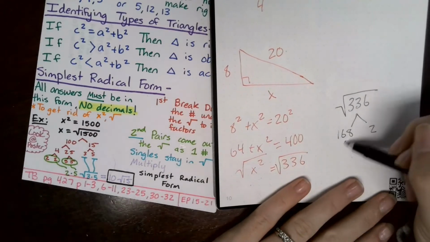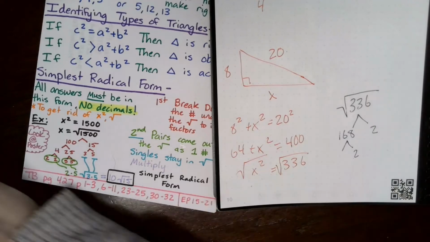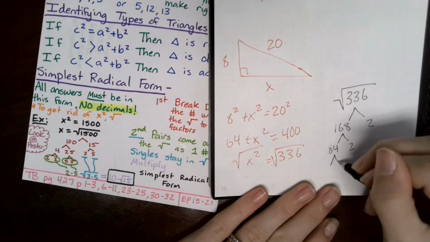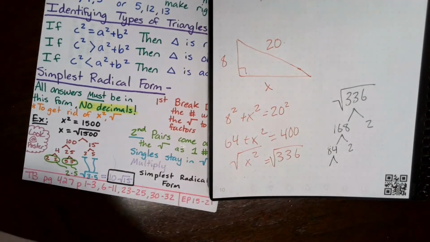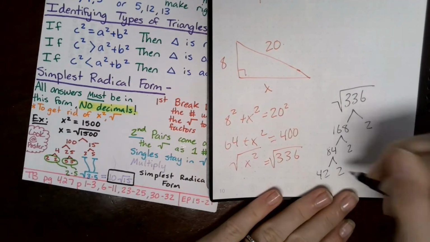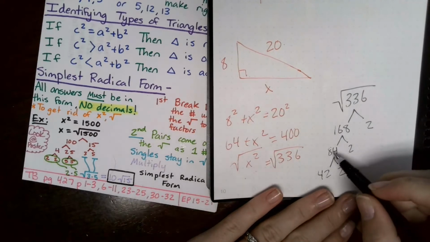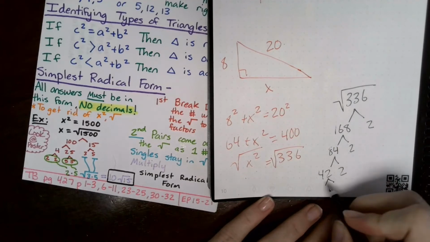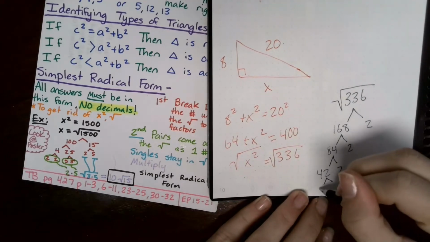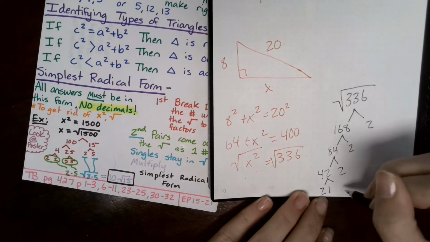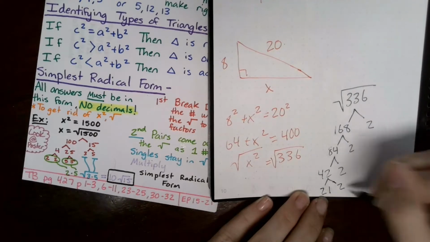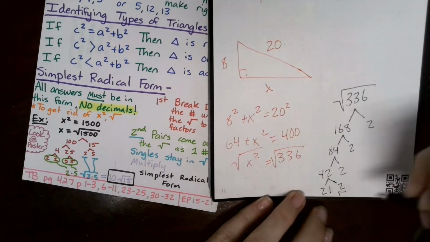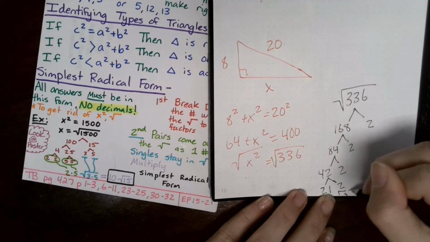Well, I know 2 must go into that too, so I'm going to divide by 2 again. 84, that one's divisible by 2 as well. 42 and 2, and if you realize that 4 could have gone into this, that would have been totally fine too. 42, I know that 21 and 2, and then 21 breaks down, sorry, I ran out of space, to 3 and 7.